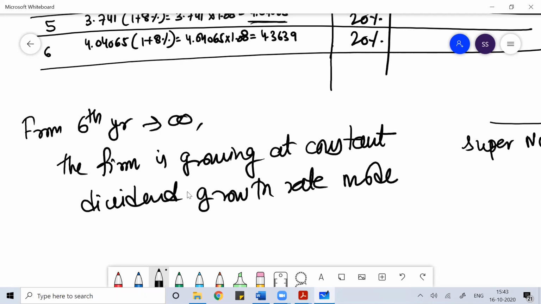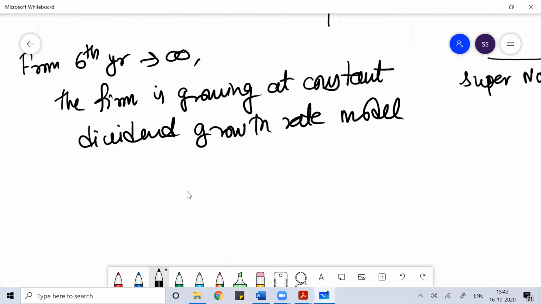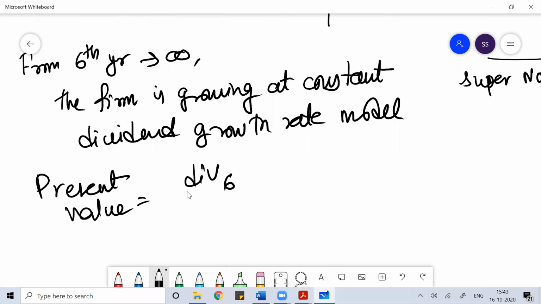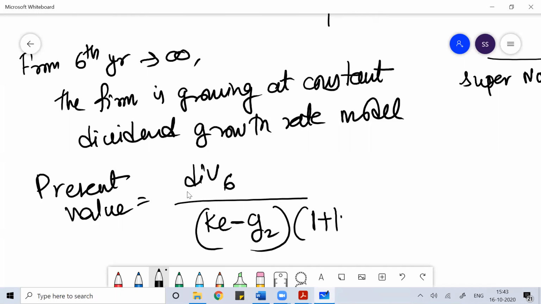What you can do, you can find the present value. So the present value of that is the dividend for the sixth year divided by Ke minus G2, means the second constant growth rate, divided by 1 plus Ke to the power 5.